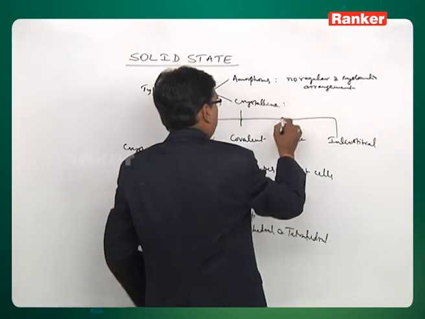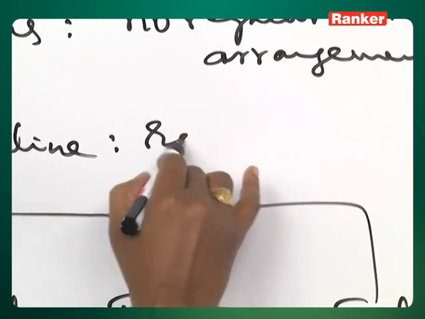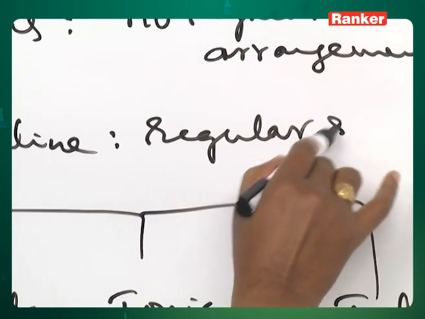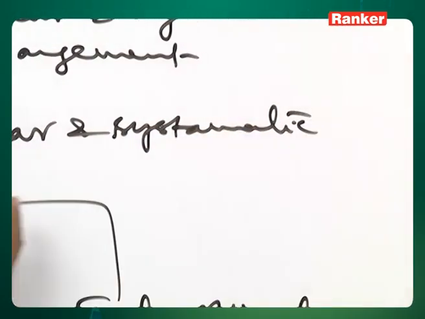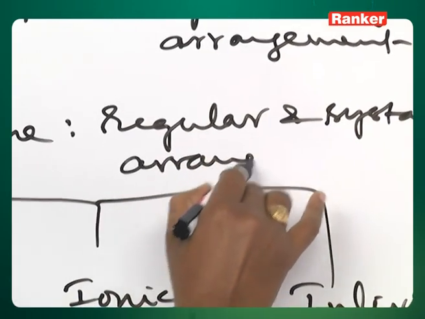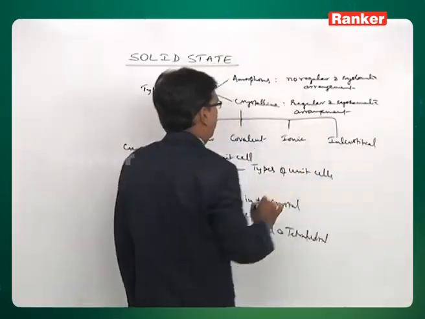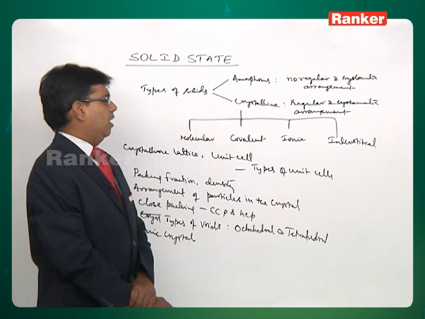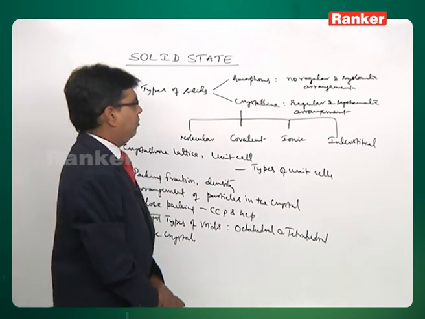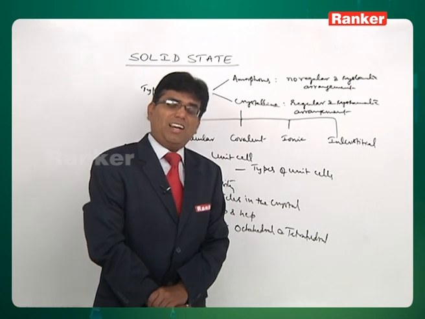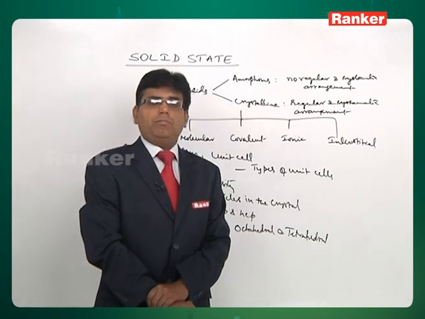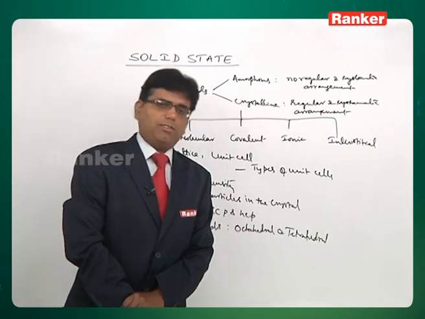In crystalline solids, regular and systematic arrangement of constituent particles will be taking place. Here constituent particles are either atoms or molecules or ions, whatever it is.